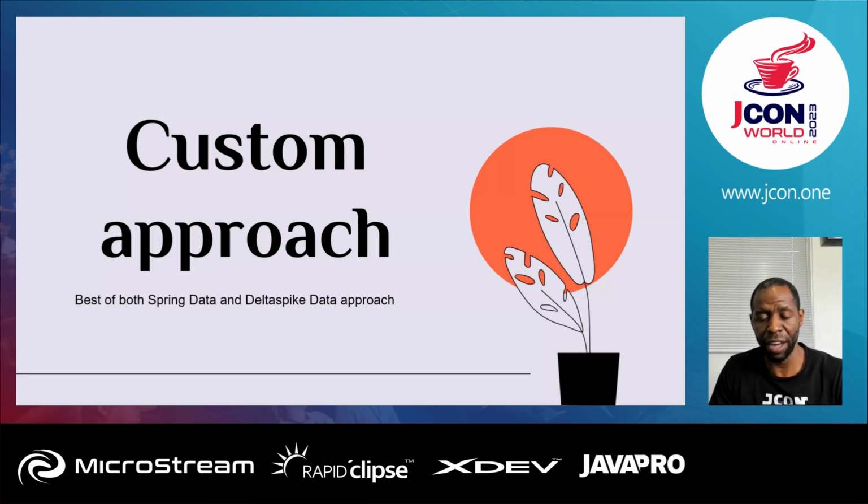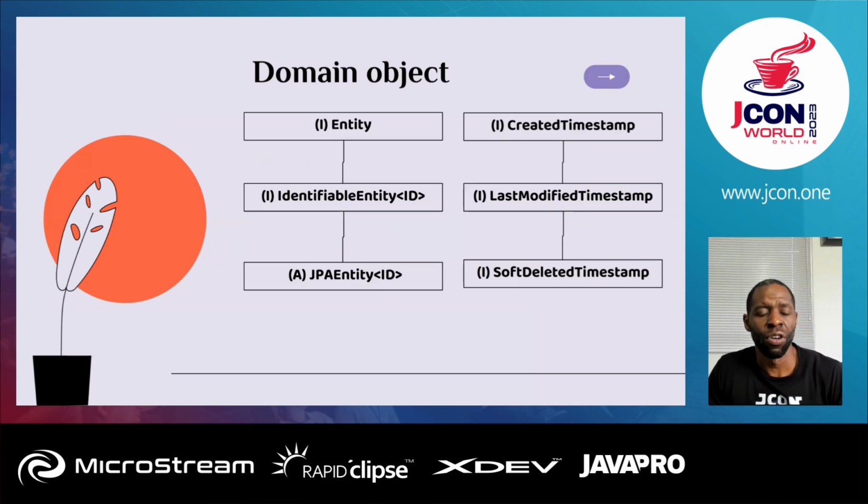So we don't have a query interface. We can use the existing JPA and named queries. For us, it works. We wanted to create something small that works and still uses the existing Jakarta EE framework. So what we've designed is a domain object.